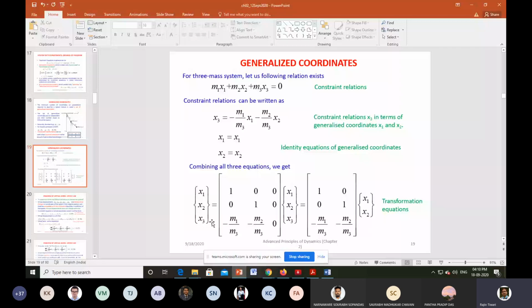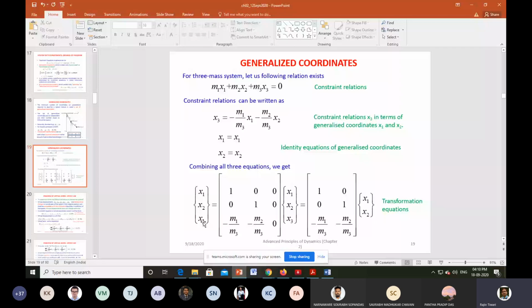So we have a relationship between x1, x2, x3 with this matrix and x1 and x2. This is a transformation equation where this matrix is the transformation matrix, which will transform the x1, x2, x3 coordinates to x1 and x2, because we have one relationship among them.